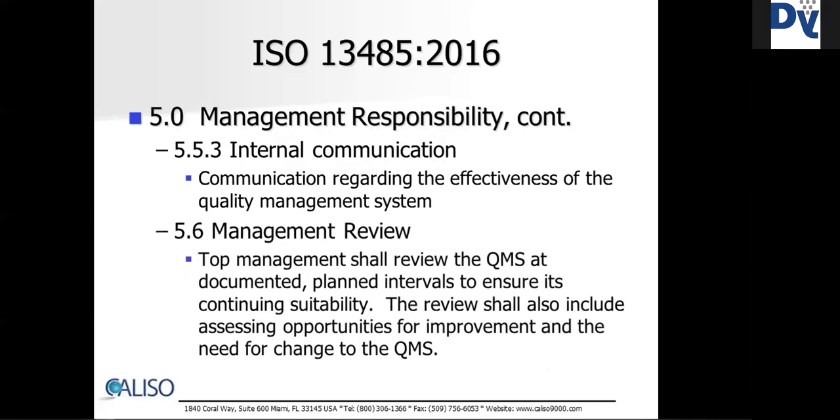There also needs to be management review meetings. Top management shall review the quality management system at documented, planned intervals to ensure its continuing suitability. The review shall also include assessing opportunities for improvement and the potential need for change to the quality management system.